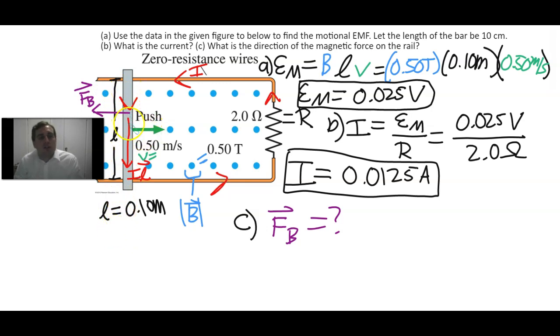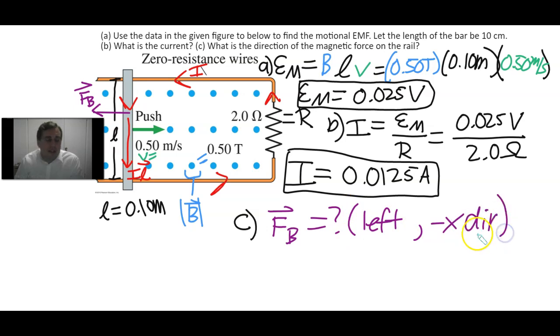They tend to slow these bars down. You can imagine if we had a push force to the right, there would also be a responding force, a Newton's third law force, which pulls us back to the left. Or at least we build up to that force. So it's going to be to the left, that is in the negative x direction, if we call the positive x direction to the right, which is fairly traditional.